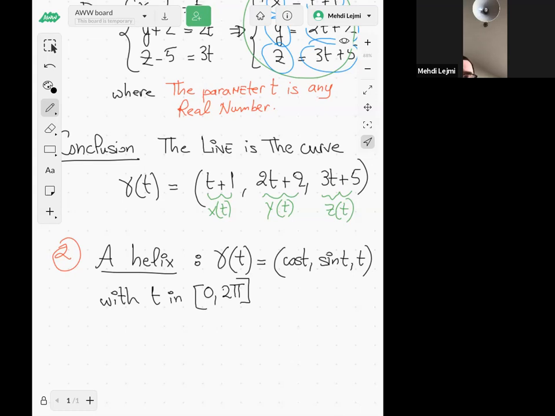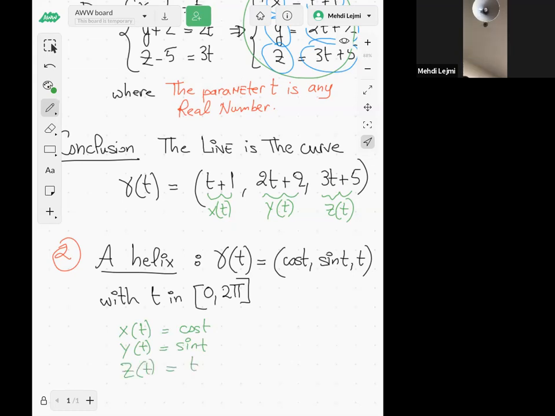So what we are saying here is that my x of t is equal to cosine of t, y of t is equal to sine of t, and z of t is equal to t.